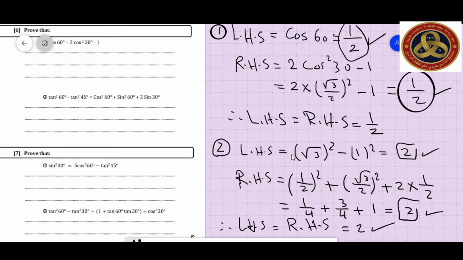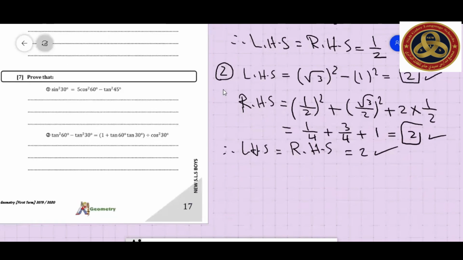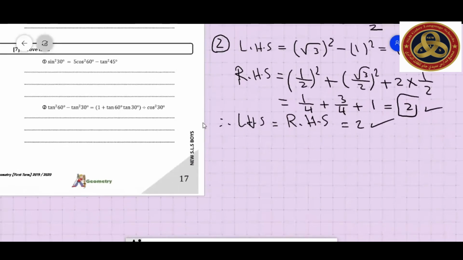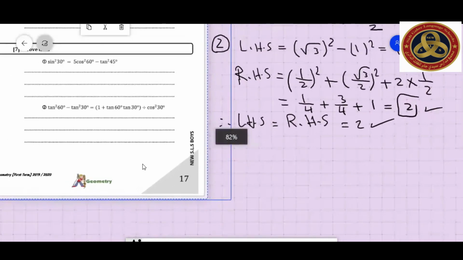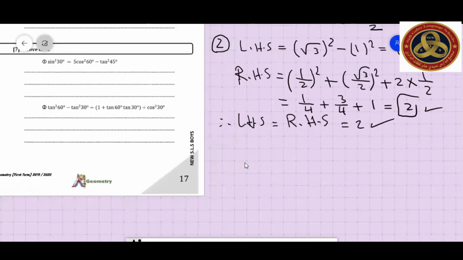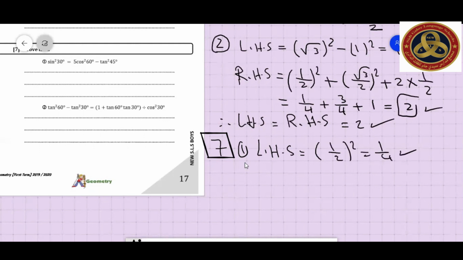Okay? By the same way, we have number 7. Look at number 7. You asked me to prove that. You can follow me by the same way. To prove this one, where is the left hand side in this part? Sine 30 power 2. Sine 30 is half, power 2, it will be 1 over 4. This is the left hand side. What about the right hand side?